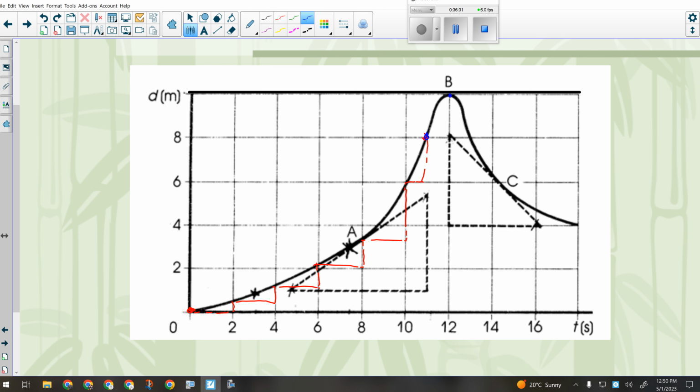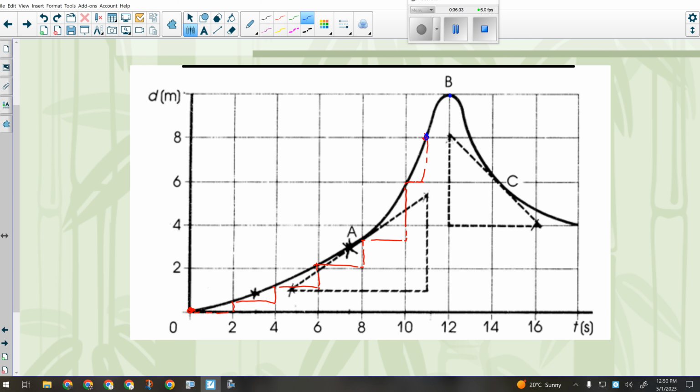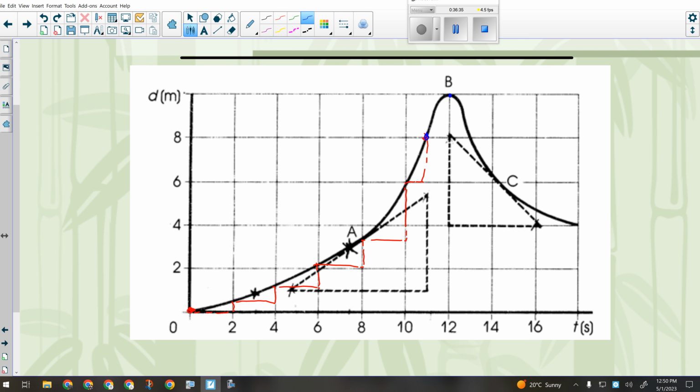All right. How can we tell that? So like here the line's getting steeper and steeper and steeper because the object's going further each second, going faster, okay? But here, the line starts to get flatter.